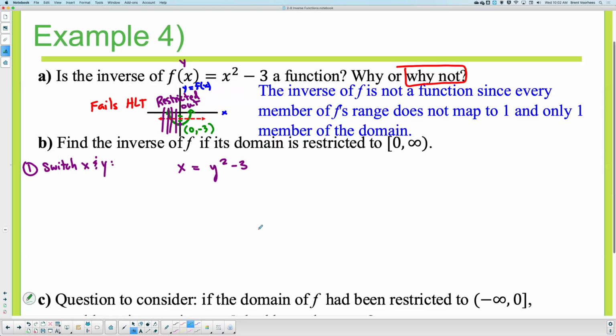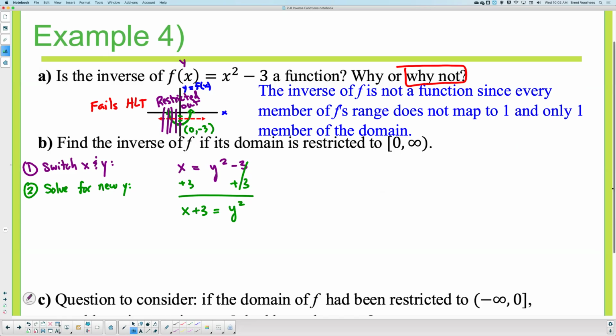And then the second step is you solve for the new y. And so to do that, I would add 3 first. And so x plus 3 equals y squared.